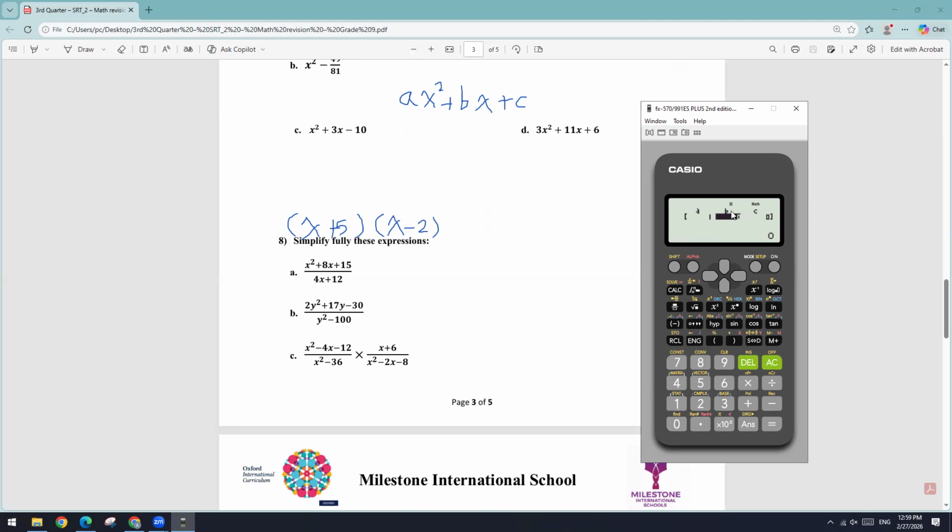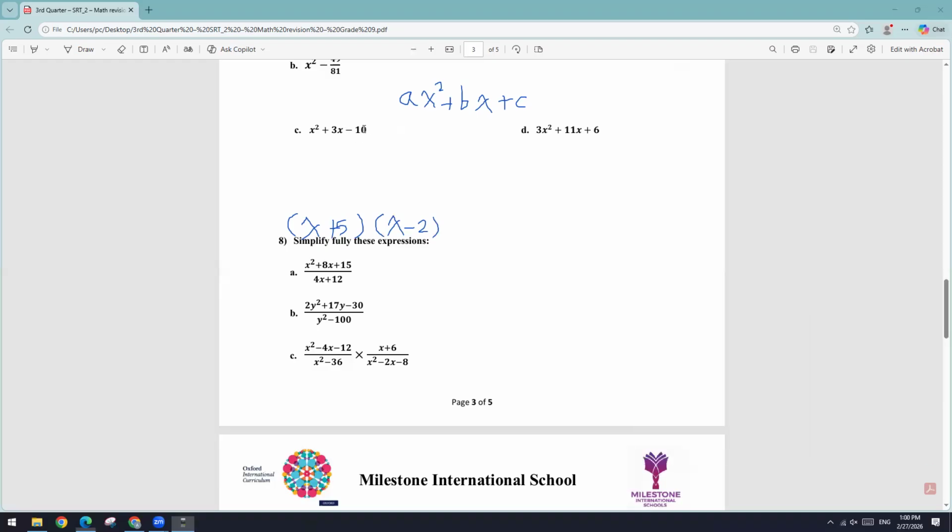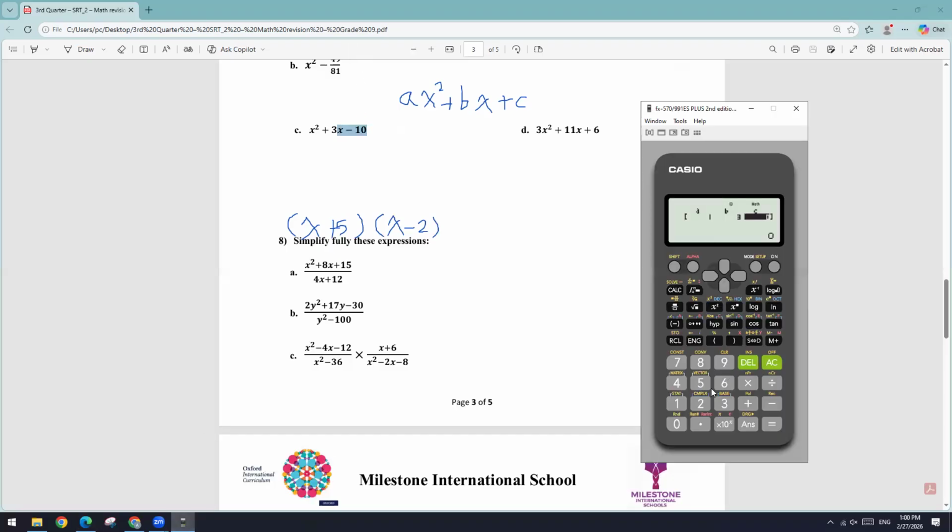Now the calculator asks for b. B is the coefficient of x, which is plus 3, so I write 3 and then equal. Then the calculator asks for c, the last value. If you write 10, it will be wrong. It's minus 10. You should take it with its sign. So I write minus 10.